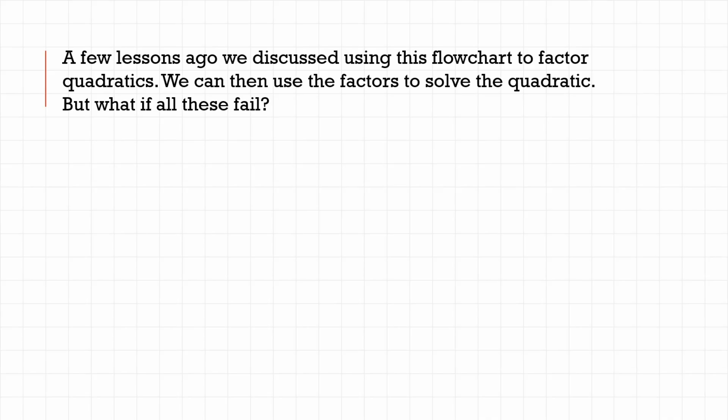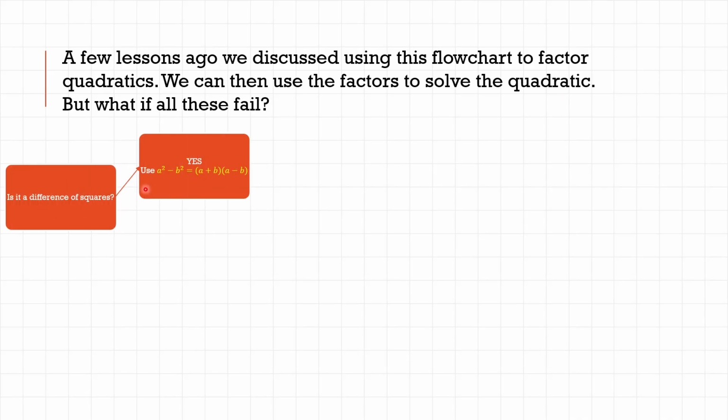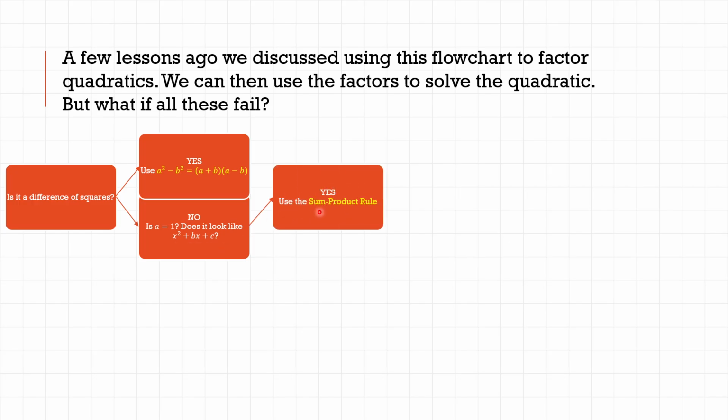Now, a few lessons ago, we talked about using a flowchart to factor quadratics. And today we talked about using the factors that we've created to actually solve the quadratic. What happens if those factors fail? Today we learned that if it's a difference of squares, we could do that. And if it's not, then we can try to use the sum product rule.